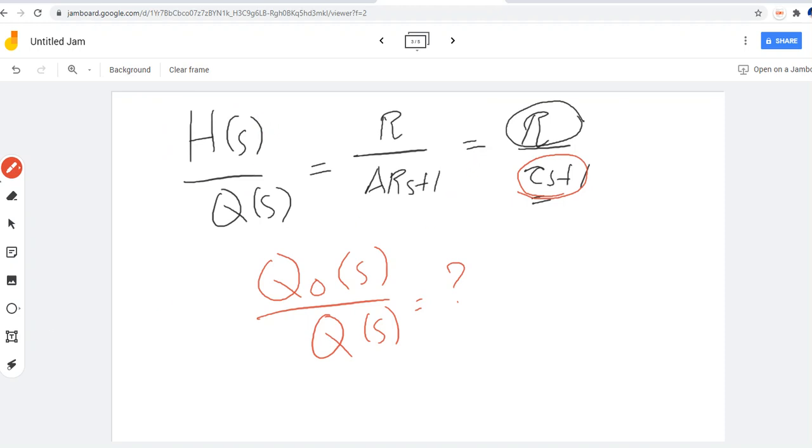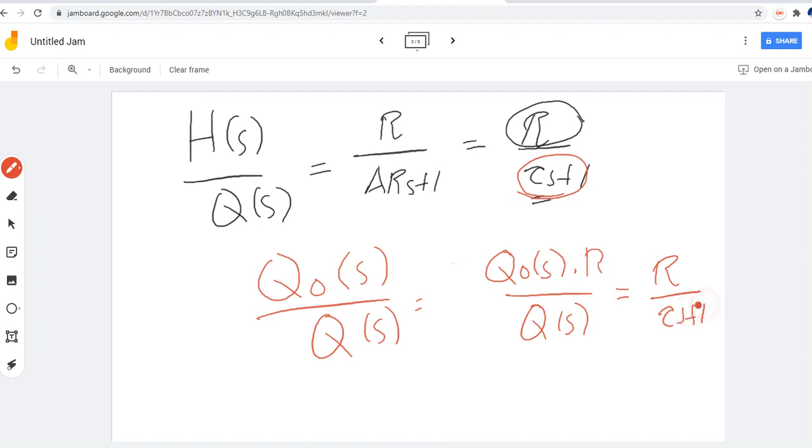In this case, H now changes to Q sub O of S times R, over Q of S, equal to R over tau S plus 1.